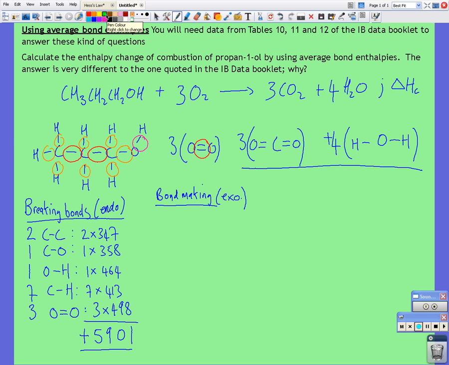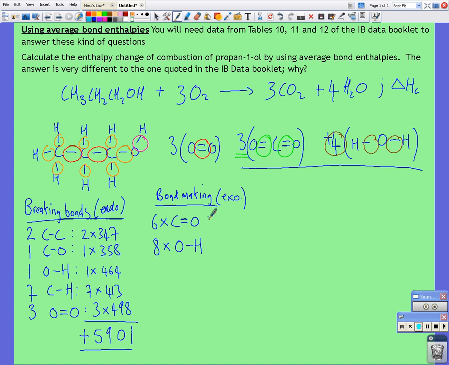So we are making carbon double bond oxygen, but there's three of those. 3 multiplied by 2 gives me 6, so I've got 6 carbon-oxygen double bonds, and in water I've got 2 OH bonds per molecule, but I've got 4 molecules, so 4 times 2 gives me 8 oxygen-hydrogen bonds.